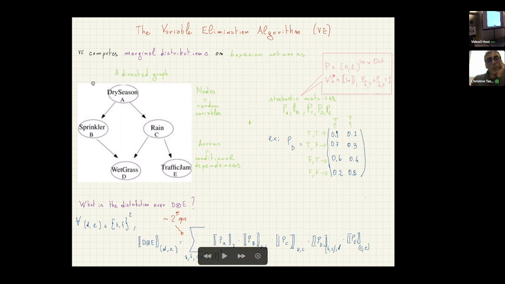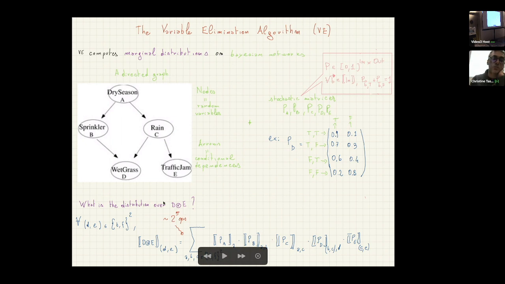Now, the question solved by the variable elimination algorithm is: fix a subset of nodes of the graph, and we want to compute the joint distribution of the variables associated to these nodes.